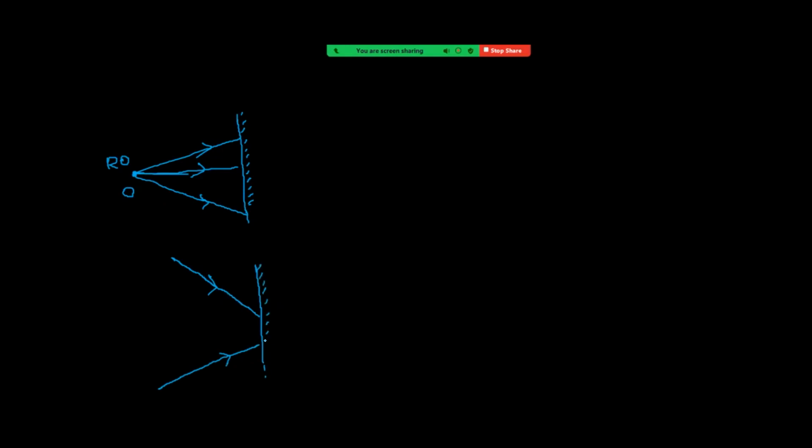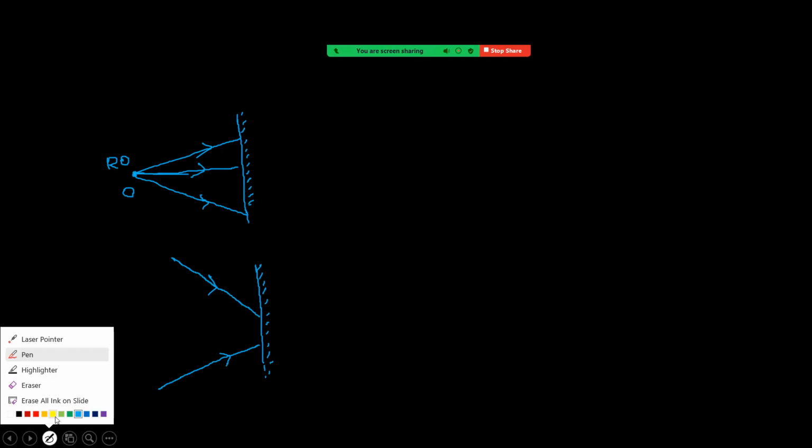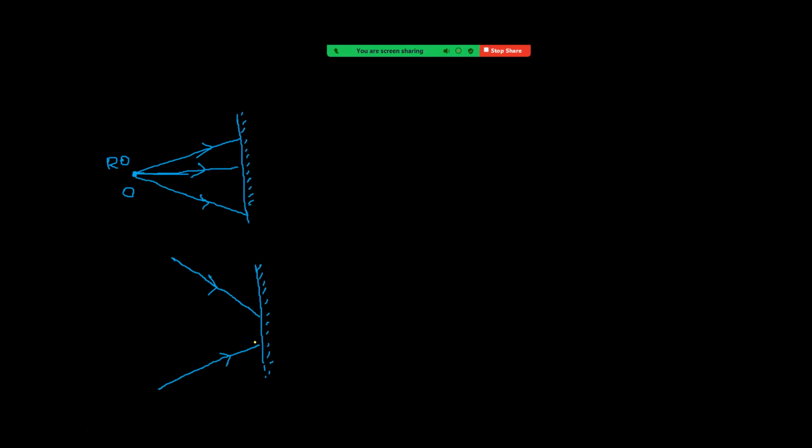Now see what happens if there is no mirror. If we extend these rays, they will converge now at this point. And this is known as a virtual object.